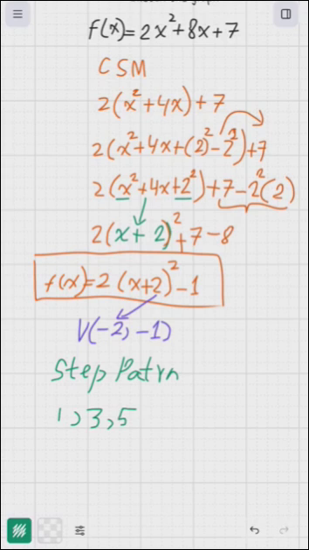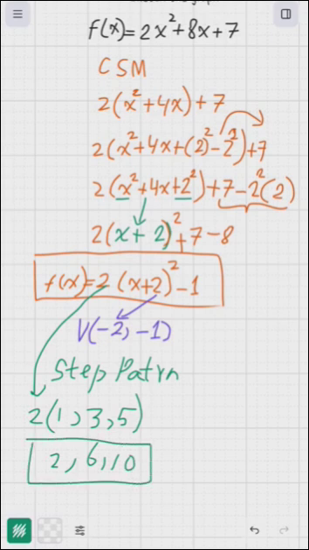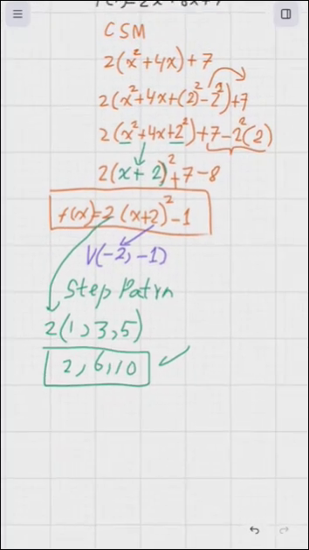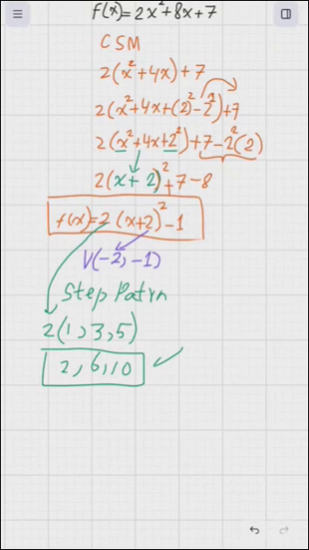But here there is a leading coefficient with this vertex form of the equation, so I am supposed to multiply with it. Okay, so 2 times 1 is 2. Now our step pattern should look like 2, 2 times 3 is 6, and 2 times 5 is 10. So this is the step pattern that I am going to use in my sketching in my xy plane.